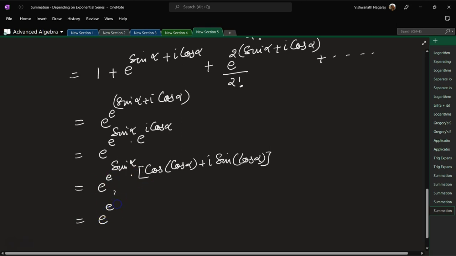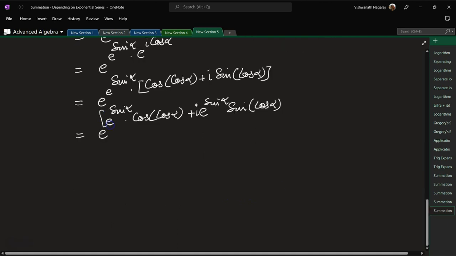So e to the power of sine alpha times cos of cos alpha plus e to the power of sine alpha times i sine of cos alpha, right? Okay, so this entire thing is the power of this e.